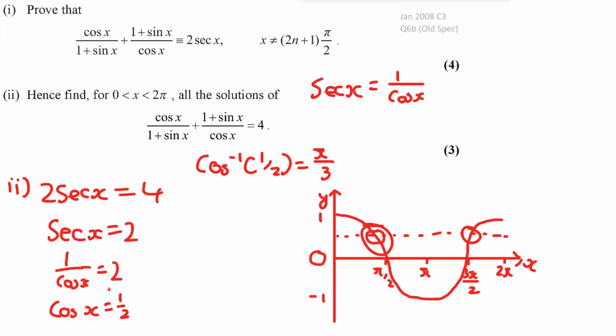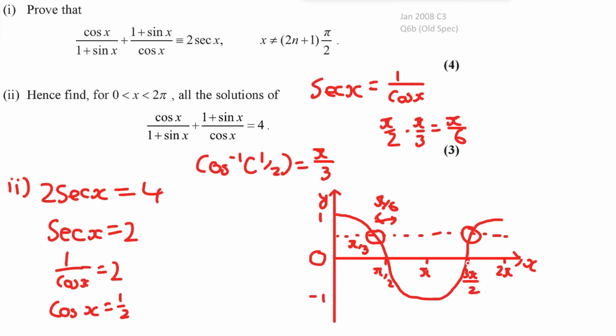So this one here we already know is pi over 3, and therefore we can figure out the difference between pi over 3 and pi over 2. It's going to be pi over 2 here minus the pi over 3 here, and if you put this into a calculator, this is equal to pi over 6. So the difference between pi over 3 and pi over 2 is pi over 6.